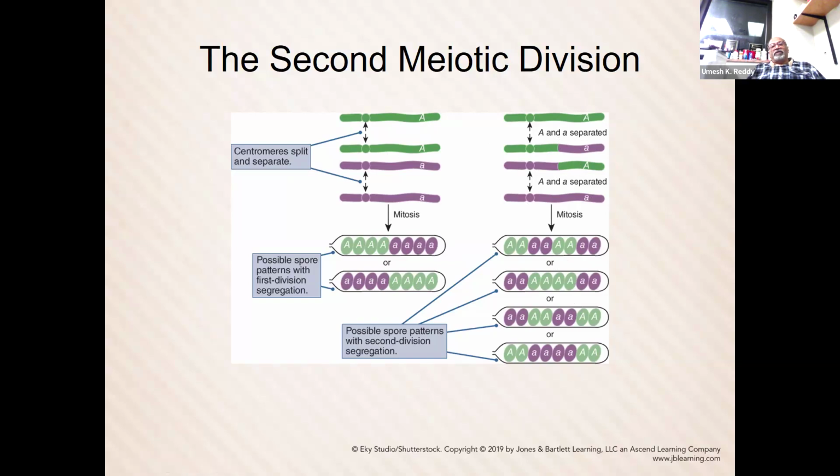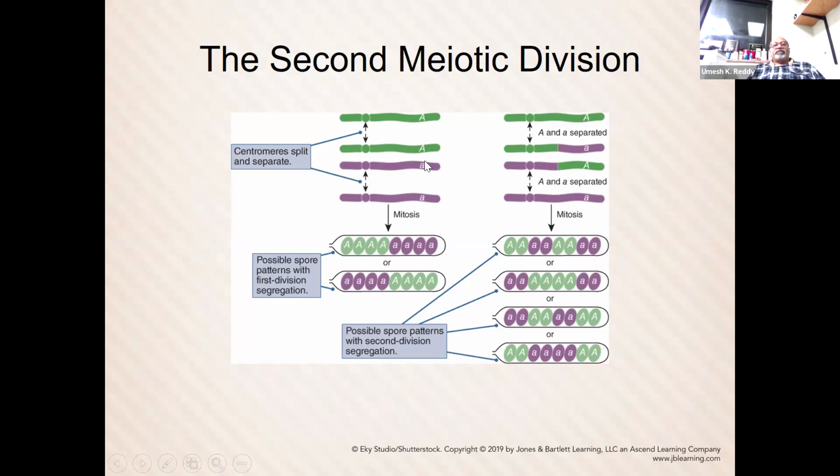There is second division segregation that gives geometry of meiosis. In the geometry of meiosis, we are not referring to two loci, but a single locus. What we are trying to understand in the geometry of segregation is how far the gene is from the centromere.